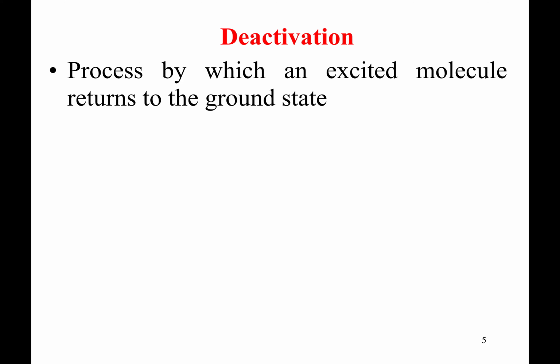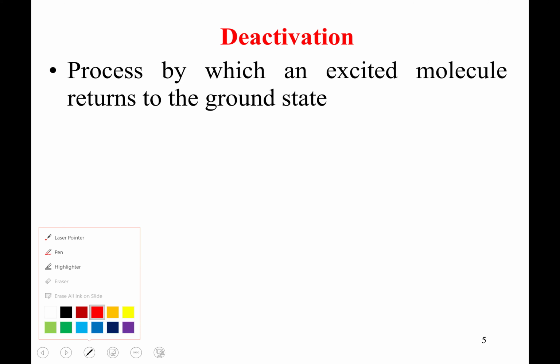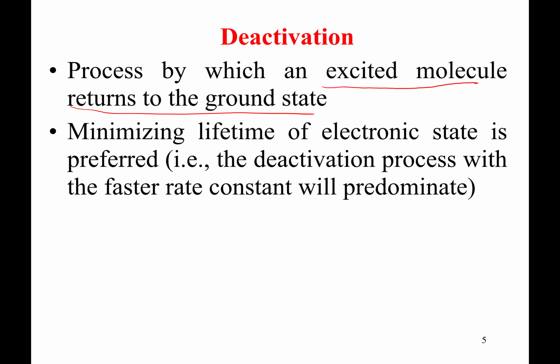The deactivation process is that process by which an excited molecule has energy and needs to lose that energy. It is the process by which an excited molecule returns to the ground state. That means it gives up energy and falls down to the ground state, and that is deactivation.